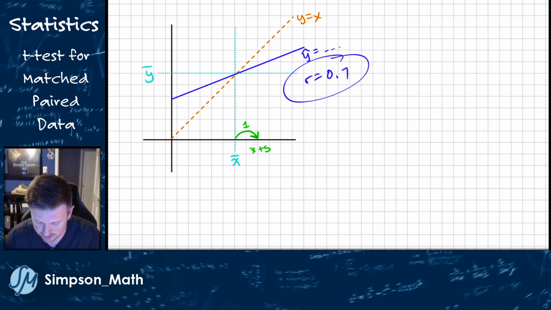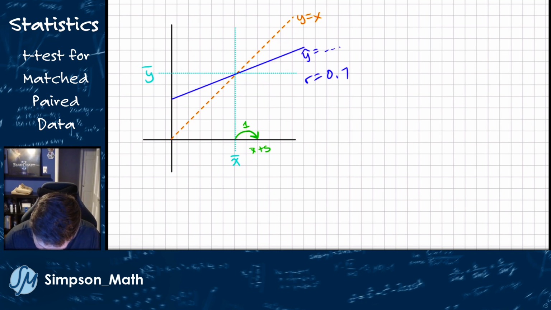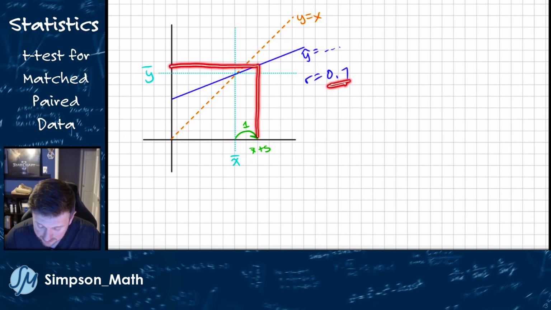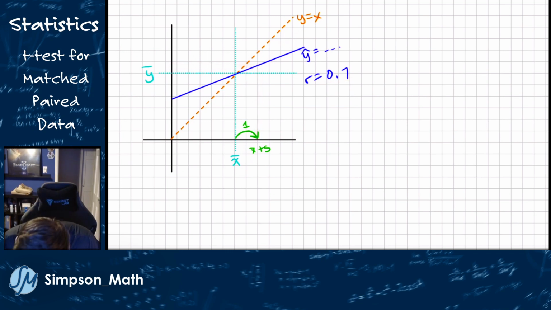But if I have an x value that is 1 standard deviation above the mean, then we would predict a y value that was r times the number of standard deviations above the mean.